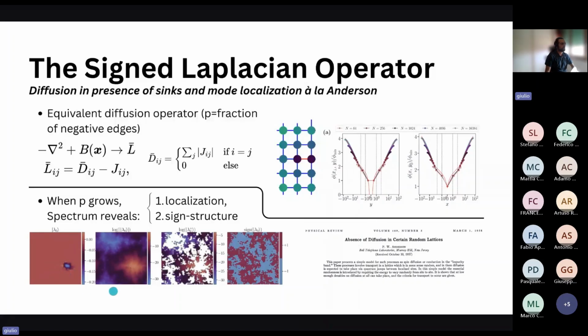If you analyze over orders of magnitude, you see that a non-trivial structure is emerging in the spectrum. And if you further take the sign, you see fractal images when you have enough negative links. So we have these two sides of the phenomenology: localization and the emergence of a sign structure.